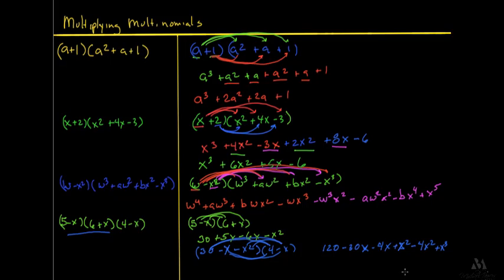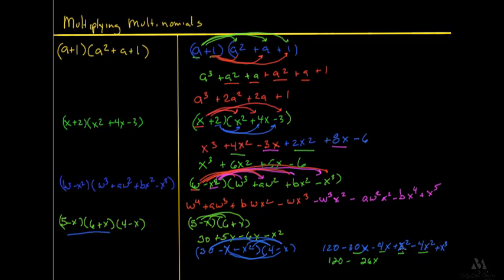Can we combine any like terms? Well, we don't have any others for the numbers, they're just numbers. How about x terms? There's a 30x and a 4x. So 30 minus 4x would be 26x. And we have an x squared term here and an x squared term there.